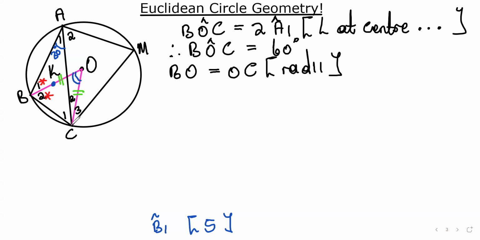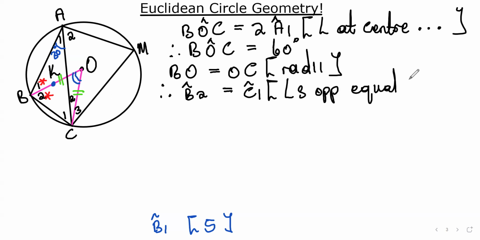Okay, if those two sides are equal to each other, then what does it mean? It means that angle B2 will be equal to angle C1 because they are angles opposite equal sides. Well, this is what we say.